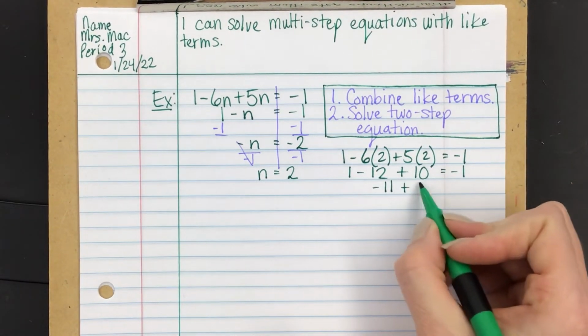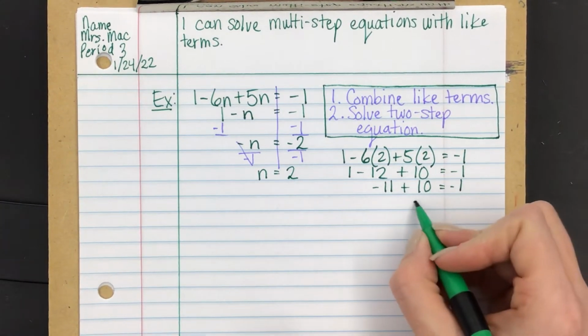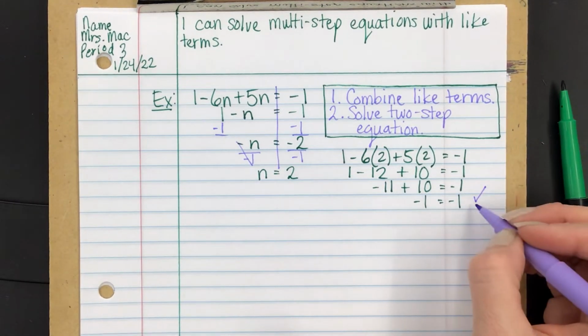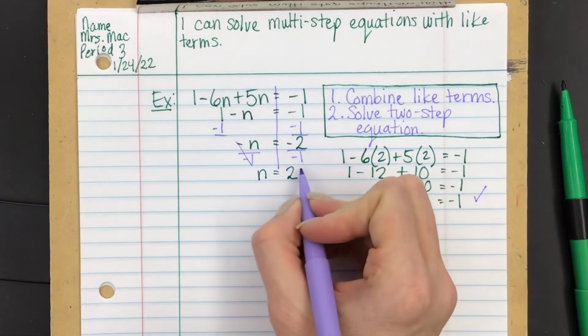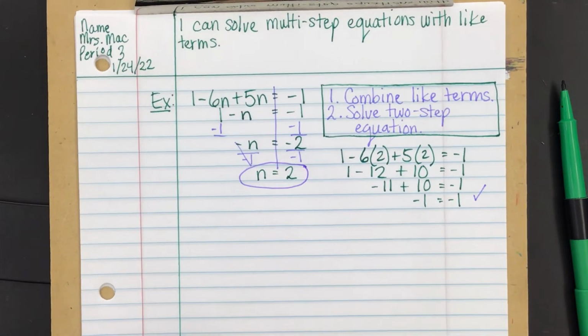Negative 11 plus 10 is equal to negative 1. And already you can see that this is going to be true. So that is correct. That shows us that the solution is correct. And we know that n is equal to 2.